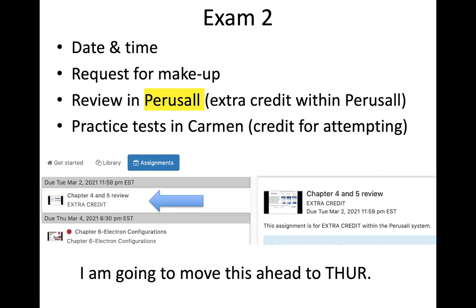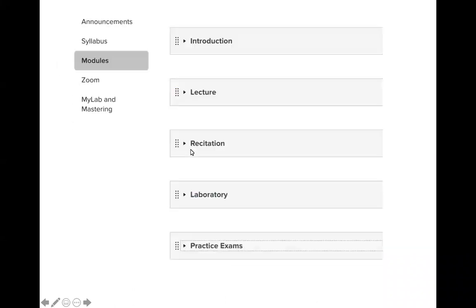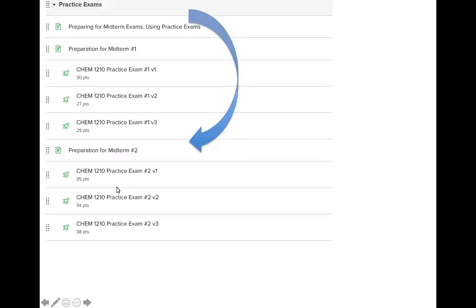Another thing that's beneficial are the practice tests that are in Carmen. You're going to get credit for attempting those. It's not something that counts as a score where if you don't do great on them, it's some kind of negative. I want to be able to give you some credit for attempting them. If you look within Carmen, there are different modules in the course, and there's one called practice exams. If you click on that one, you'll see there's information here leading up to midterm 2.